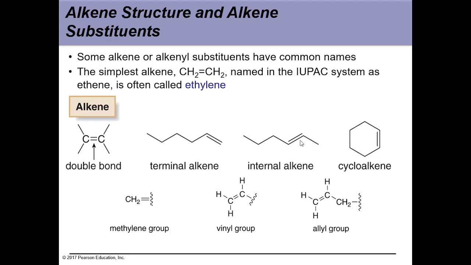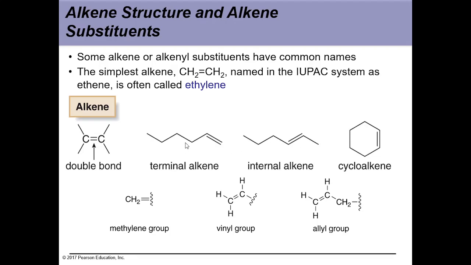You may have double bonds inside of the chain, not on the terminal positions. Then we say it's an internal alkene or internal double bond. Or you can even have a ring structure with a double bond as part of the ring, which is called a cycloalkene.